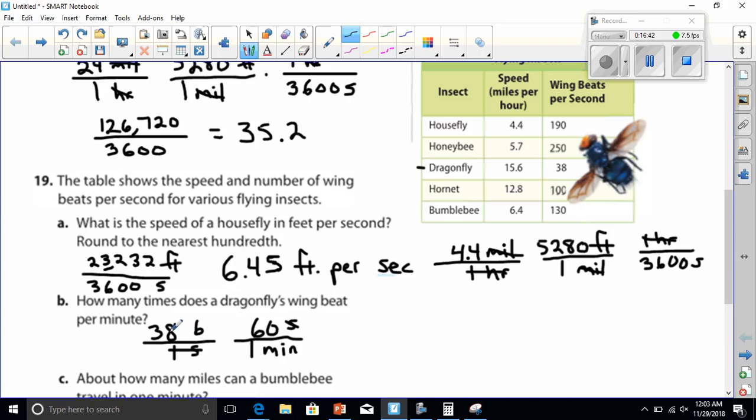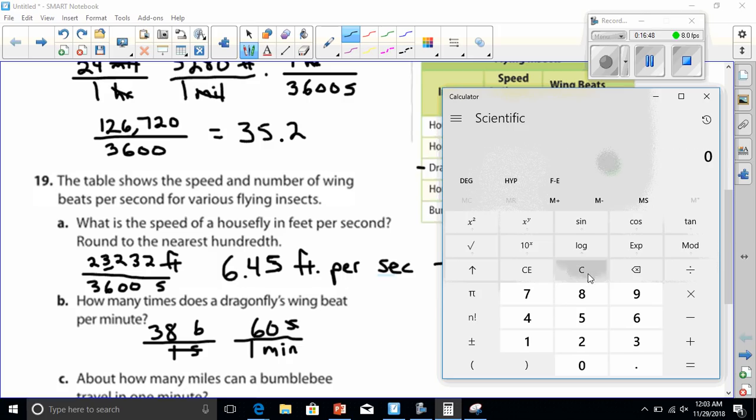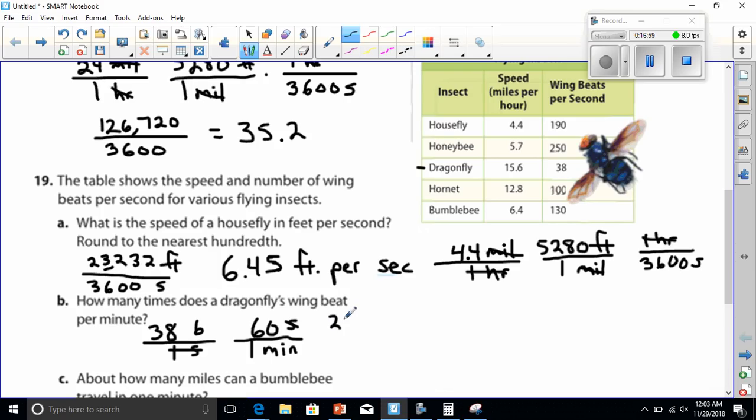And now we have 38 times 60. Well, 38 times 60 is going to give us 2,280 beats. You notice the only thing that wasn't eliminated was the beats, and that's going to be over 1 minute.